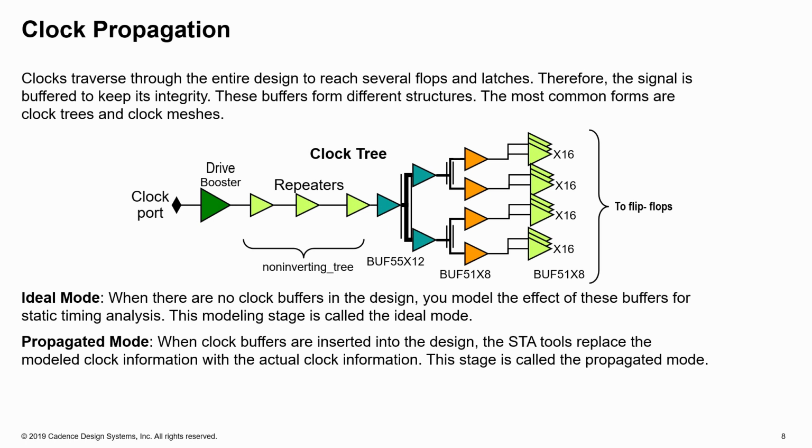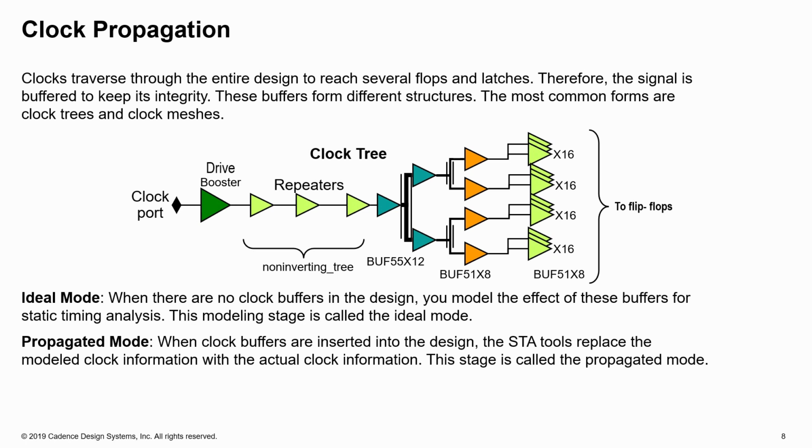In any design, a clock triggers several flops and latches. So these clocks are considered high fan-out nets, and they need to traverse the entire design to reach these flops and latches. In order to keep the integrity of the clock signal, it needs to be constantly buffered.